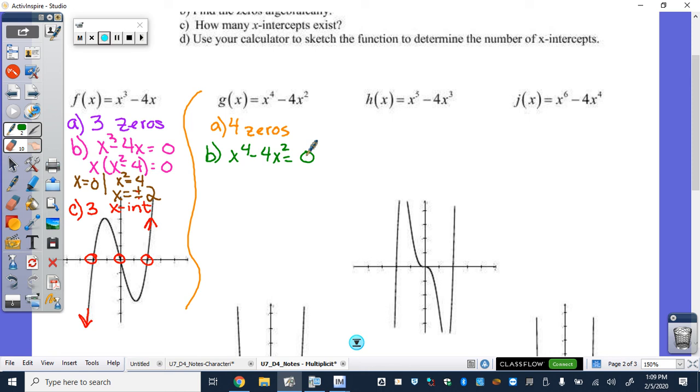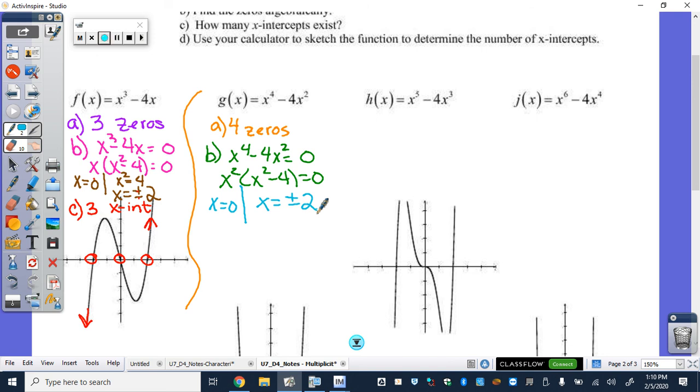What's our GCF? X squared. So we got x squared minus 4. So when I set my GCF equal to 0, we get x equals 0. X squared minus 4 gives us x equals plus minus 2.